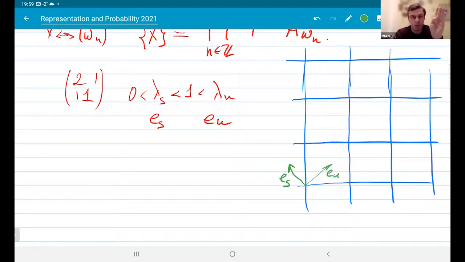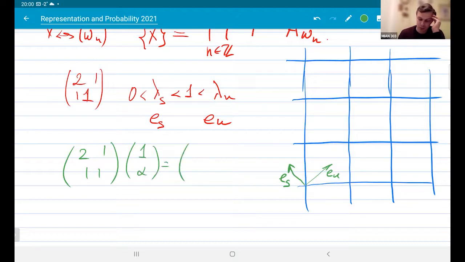This is quite easy to prove; you can just calculate it. For example, take the matrix applied to the vector (1, alpha), proportional to (1, alpha).